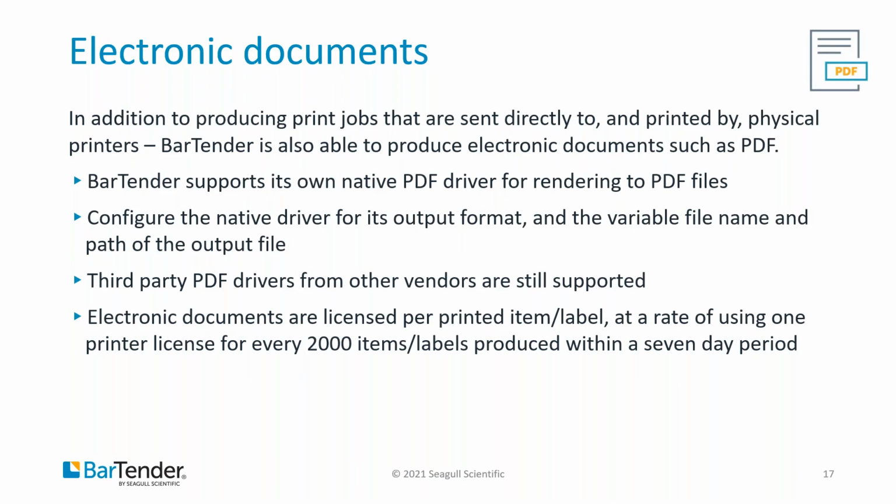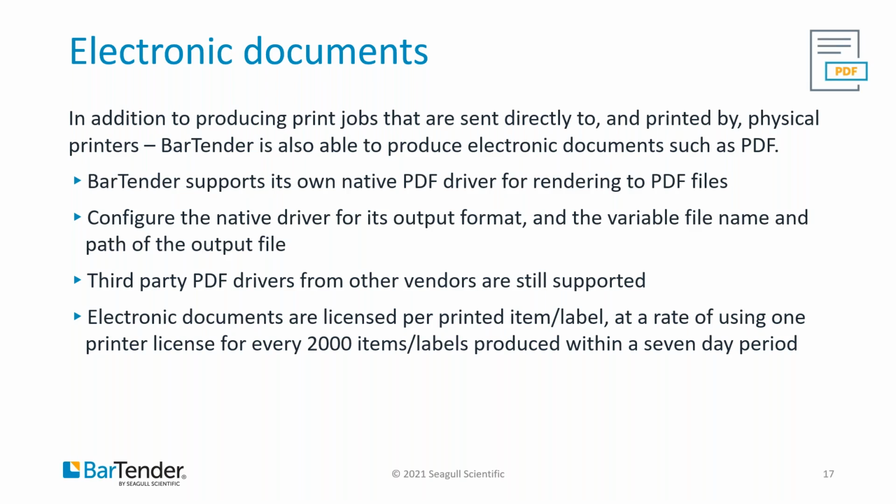Now, I mentioned an exception in terms of the printer licensing, and the exception is electronic documents. So in addition to print jobs being sent to physical printers, BarTender also supports producing print jobs to electronic documents, notably PDF.